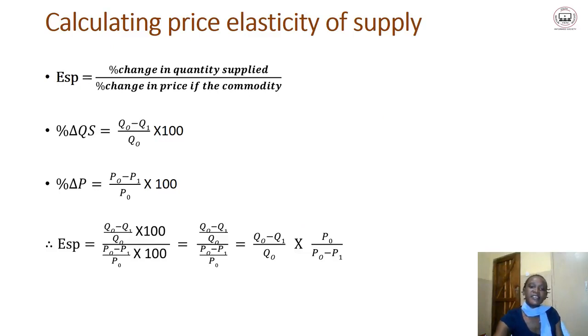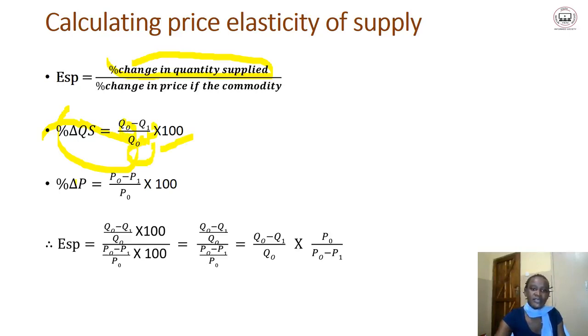And it is the same in terms of calculating price elasticity of supply. It is the same as that of demand. The percentage change in quantity supplied will be equal to quantity original minus quantity new divided by quantity original times 100.